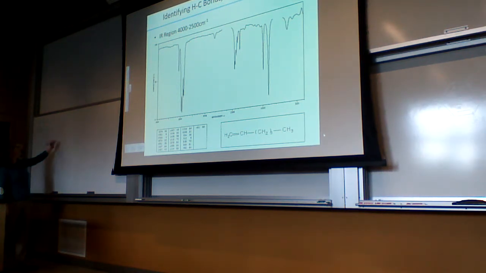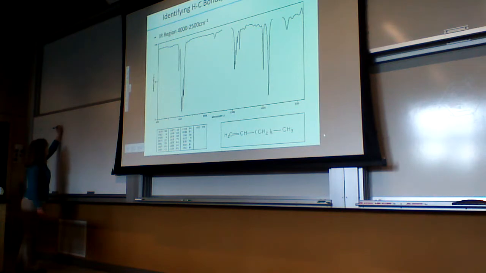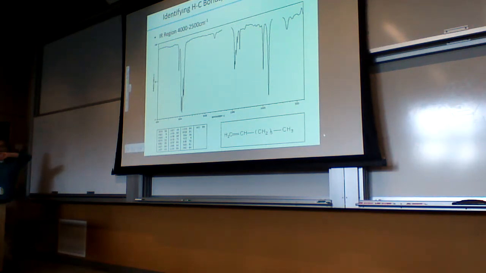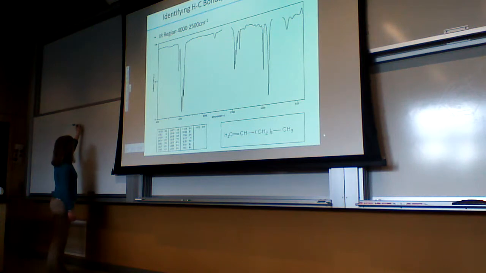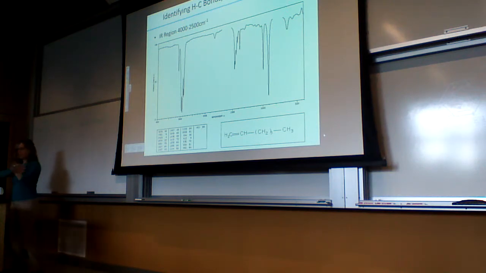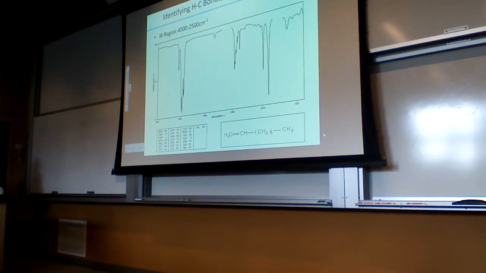We already know that these are going to show up above 3,000 centimeters to the minus 1. Those are going to be just barely above, so somewhere between 3,000 and 3,100 centimeters to the minus 1. So we're not looking all the way up to 32 or something like that. But just above that 3,000 line, we see these CH stretches, and that is due to the hybridization change.